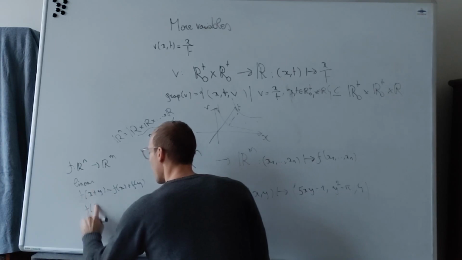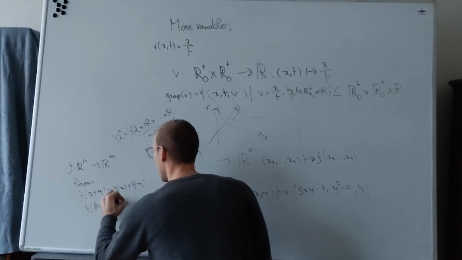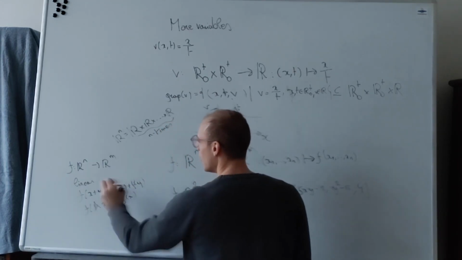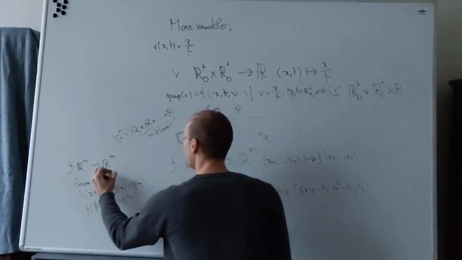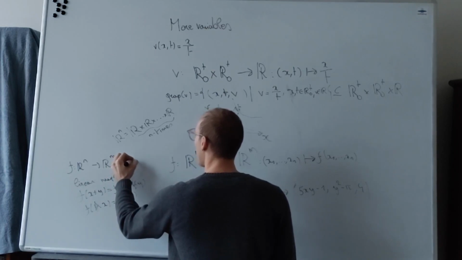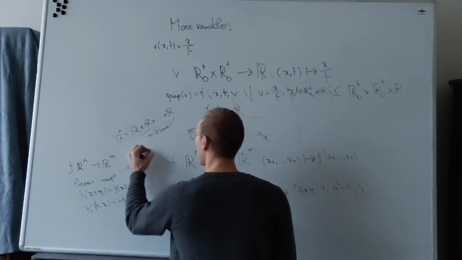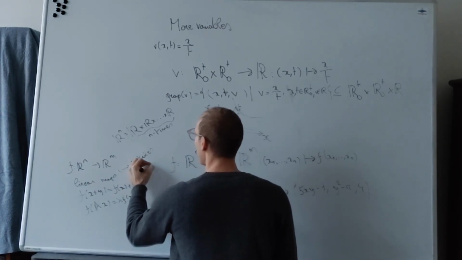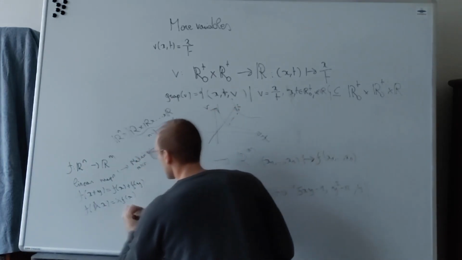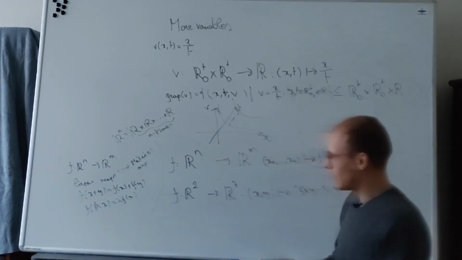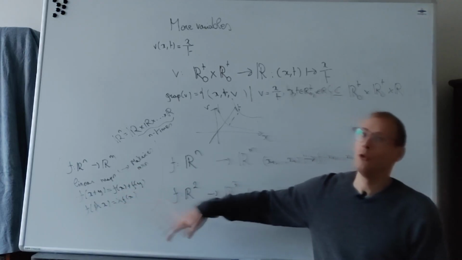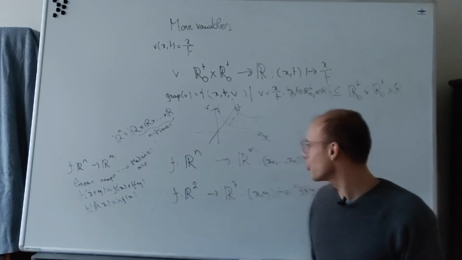And if you multiply with a certain scalar, f of lambda x is lambda f of x. These are linear maps, and you will see that these correspond to matrices of size m times n. But you can forget about this; this is a bit what you might do in a course of linear algebra.